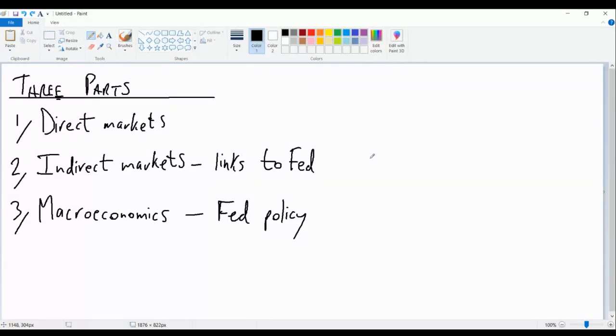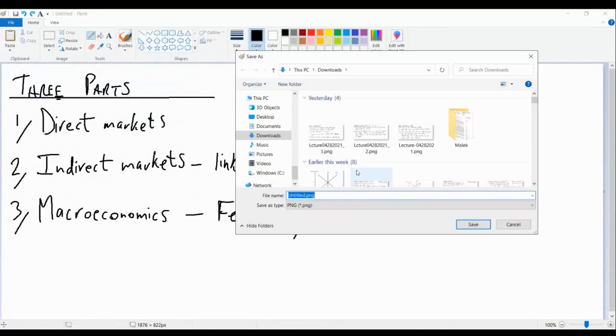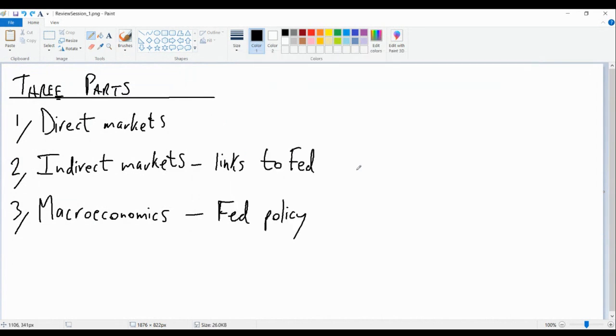So as I mentioned, you can expect your final exam to be mainly about this part, but to also touch upon elements of the others.